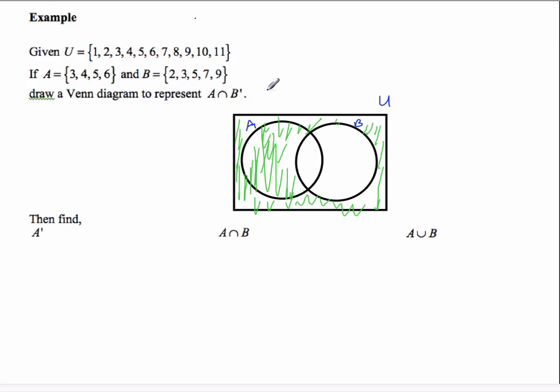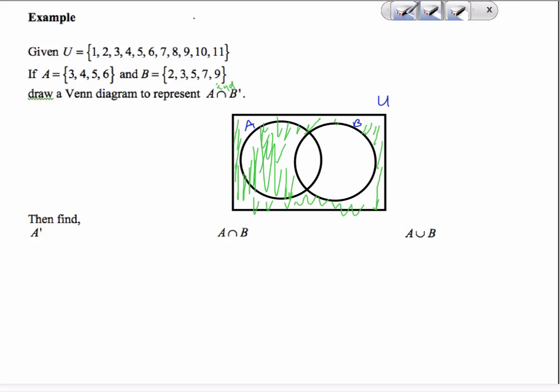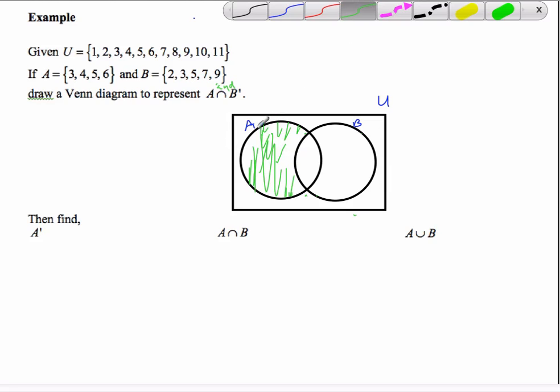And intersect with A, that means this part right here. So that's everything that's in A and not in B. So that is A intersect not B.